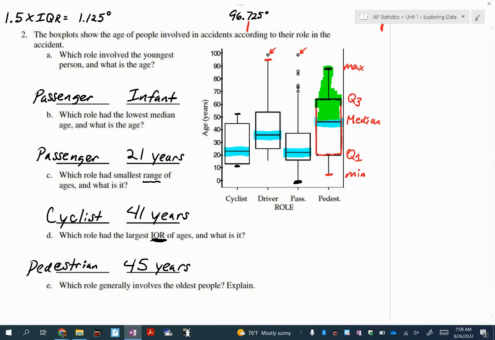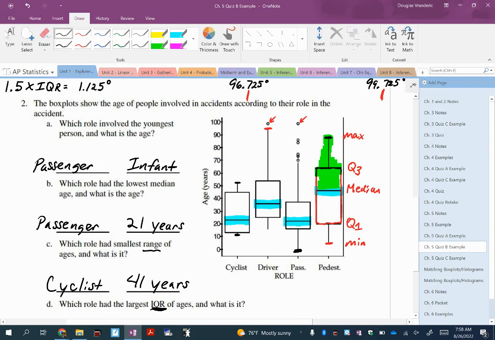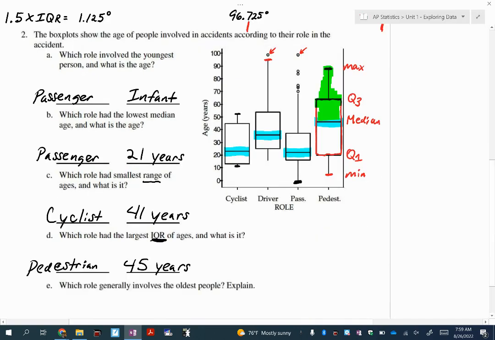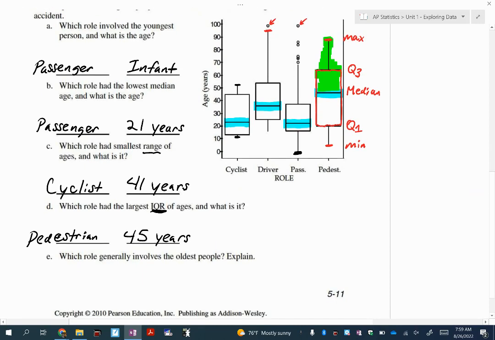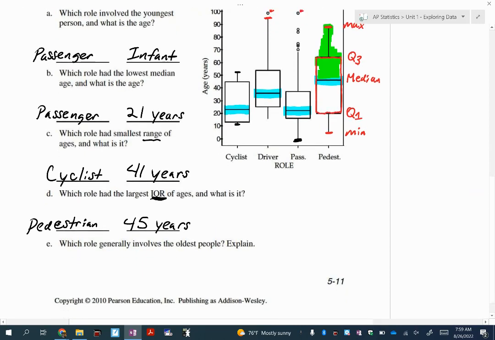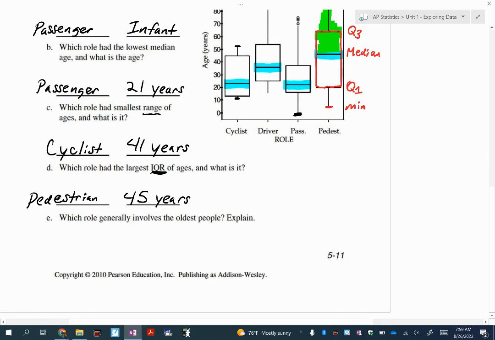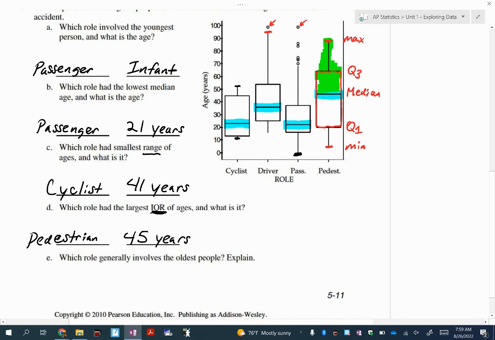So even though pedestrian doesn't have any outliers or even the maximum, it doesn't have anyone that's over 90. The fact that over half of its data values are above 45 years old means that generally it involves the oldest people, which kind of makes sense when we think about it in terms of all the roles that were given here.